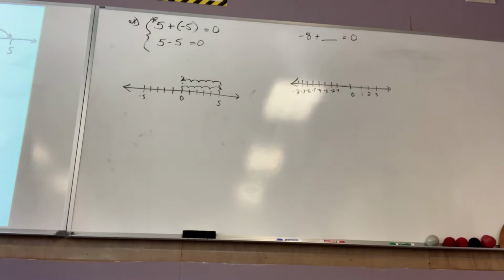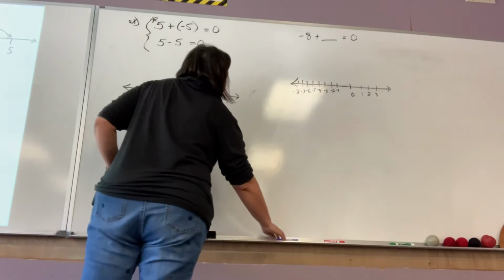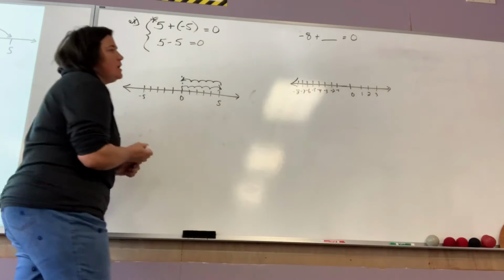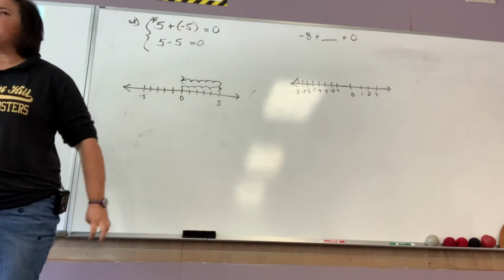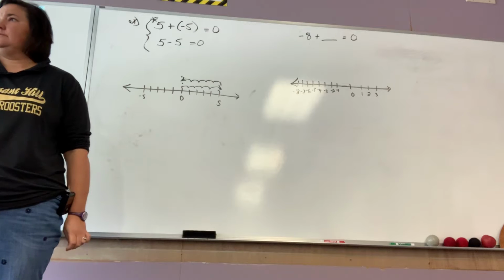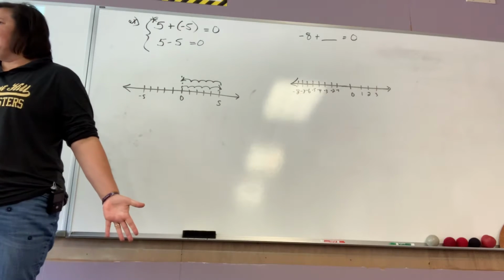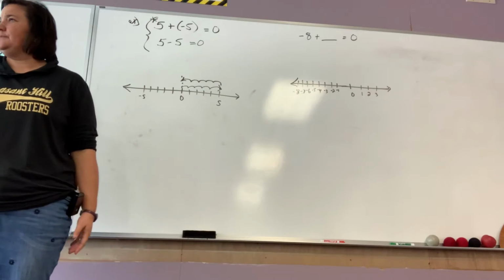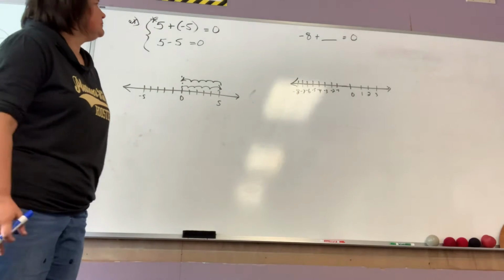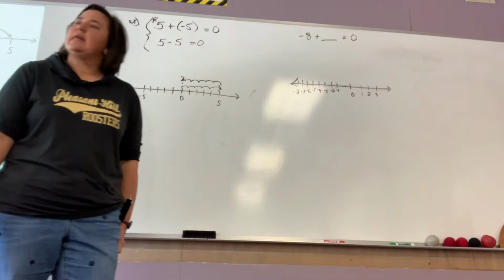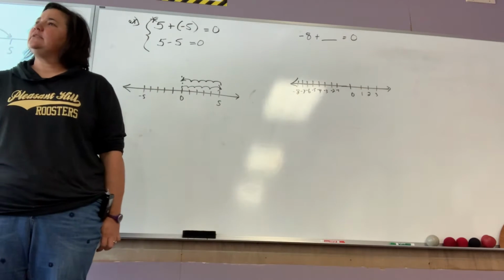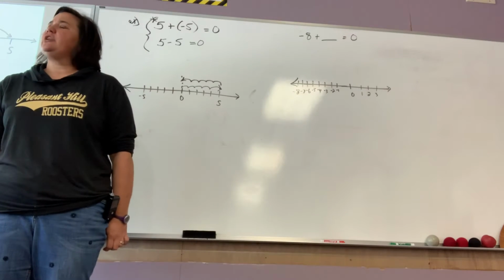Okay, let's talk about this. So we have -8 plus some number is going to give us 0. Give me directions on how we should represent this on our number line. Ella? Where did you start on your number line?